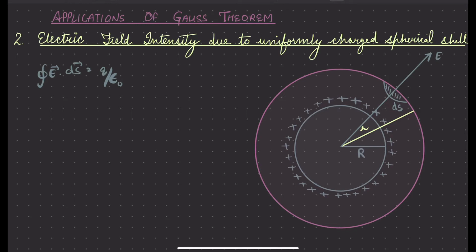I want to make an area vector for ds. So the area vector is something which is acting away from the selected area and leaves the selected area normally. So this is indicating a ds vector called the area vector. We are already aware of the fact that electric field lines always leave the surface normally.